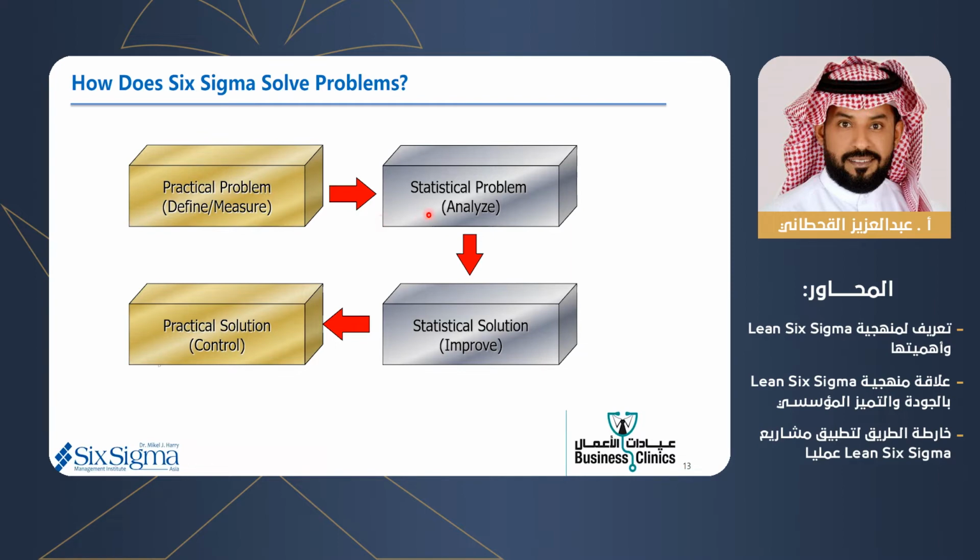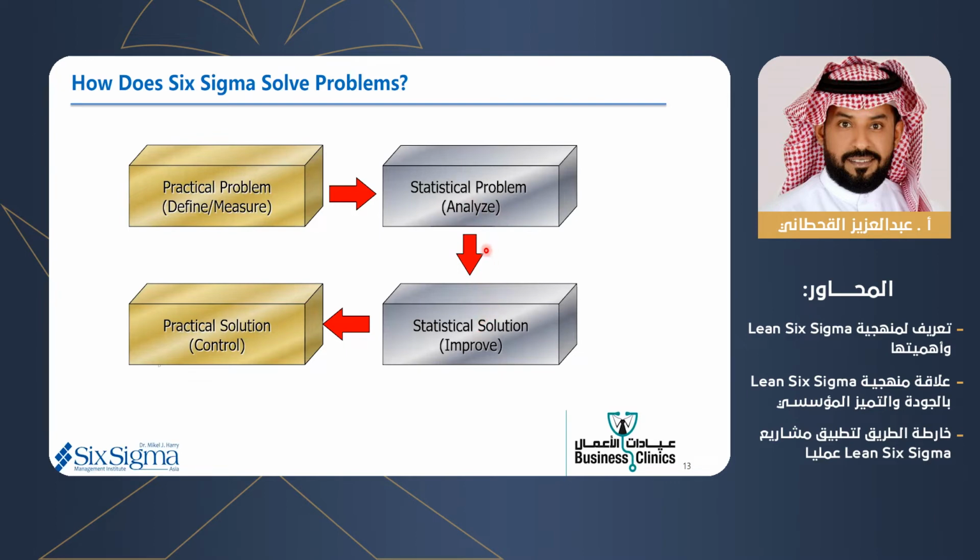Then we will turn this problem into a statistical one. We're going to use the data, we're going to use statistical analysis in order to understand the problem, to understand the behavior of the performance. So once we analyze, we also use the statistical solution.